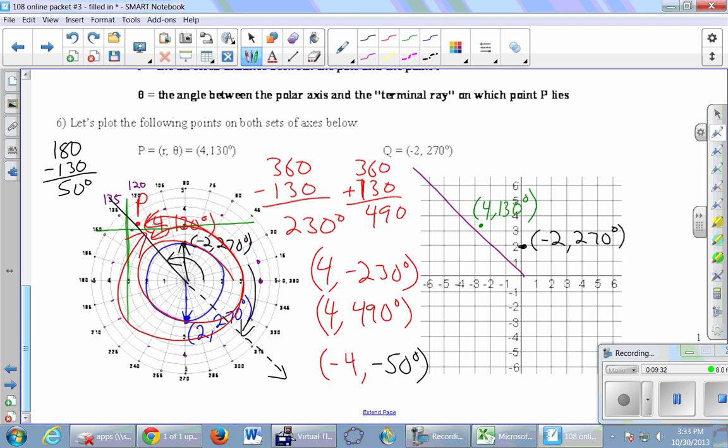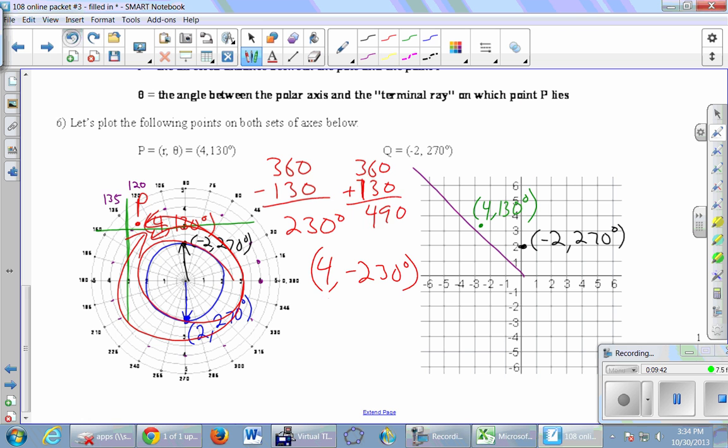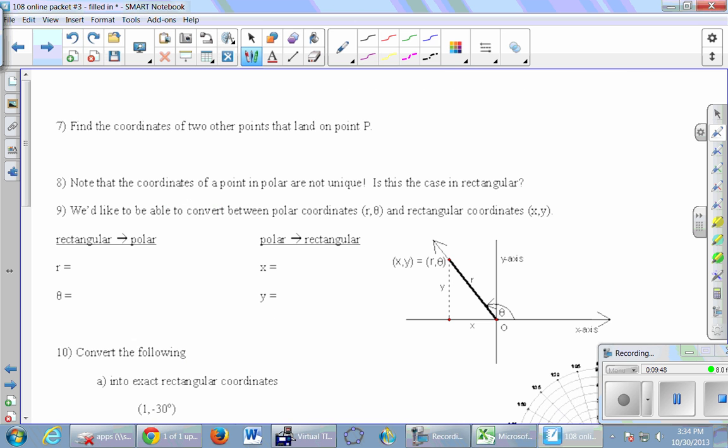Okay, so I think we've got a bunch of different ways to write this answer. My diagram's all cluttered, so I'm going to undo some stuff here. And we'll fill in some answers here. So one answer we gave was 4 and negative 230.